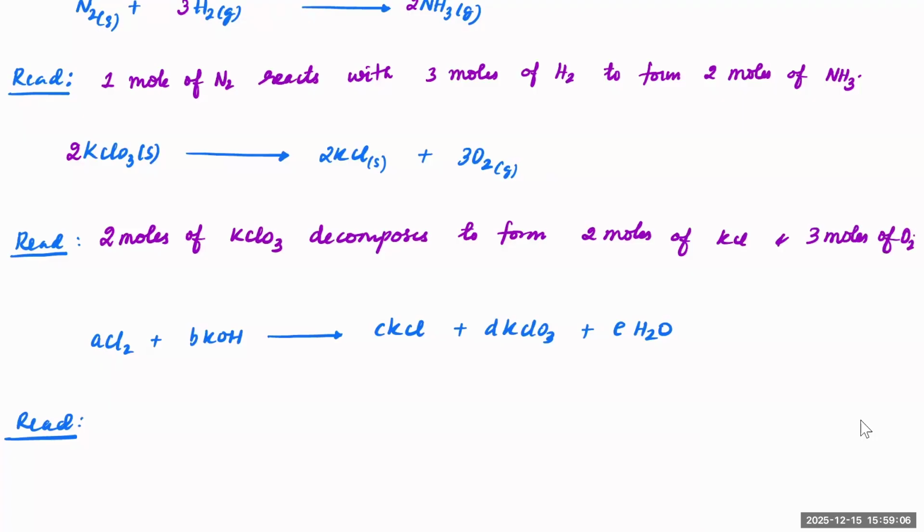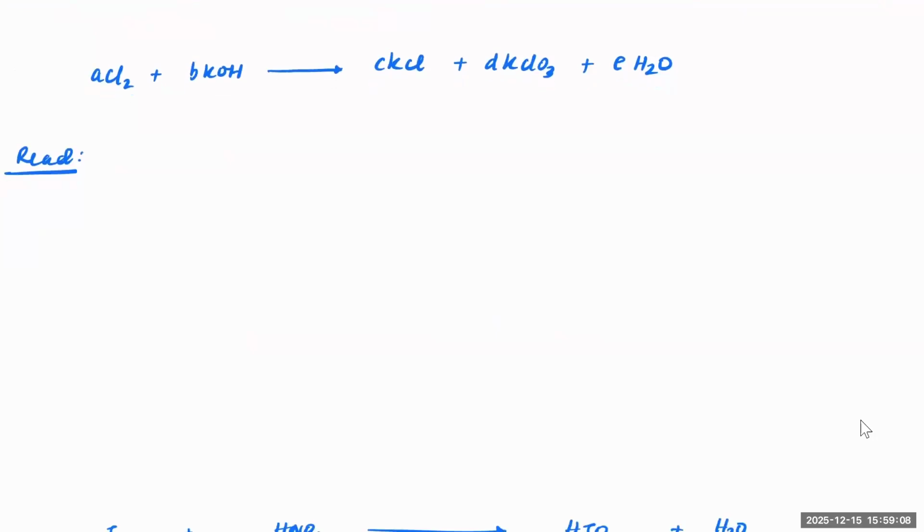Yeah, good. Next, in case the values are not given and you are supposed to figure out what the values are, you can use simple algebraic equations first and then you can read the reaction as well. For example, if you notice in here, you can see the chlorine is present here as well as here.